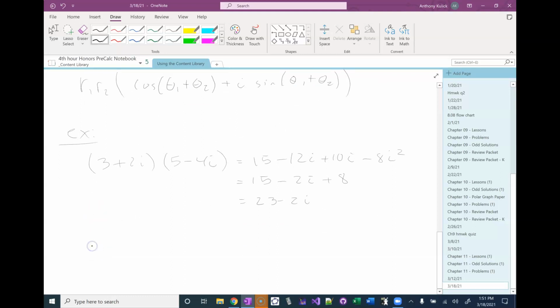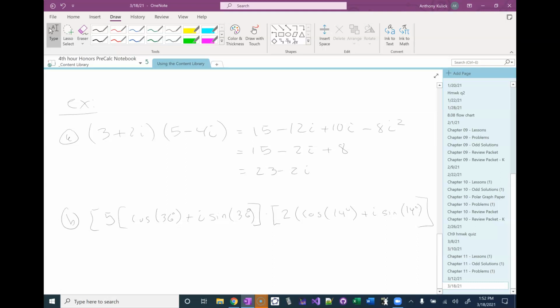Here, let's say we have in trigonometric form. So here I have two complex numbers in trigonometric form.